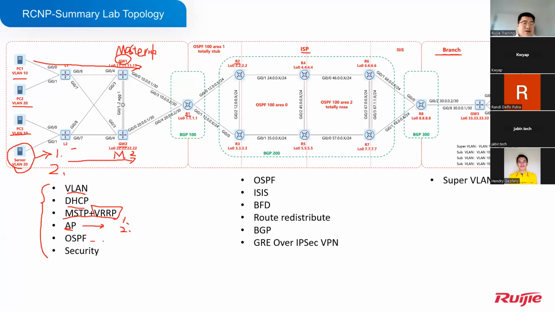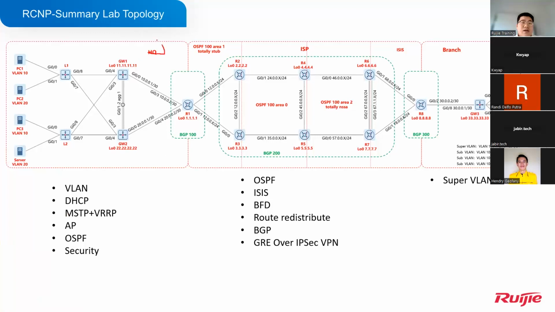And next is OSPF, okay? Later when we introduce the requirements in this topology in detail, you will know that actually the HQ and the branch are running OSPF, okay?